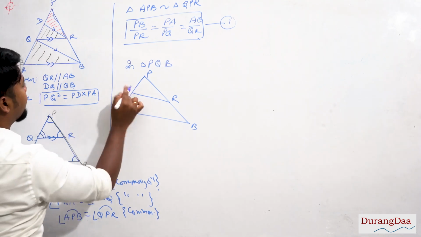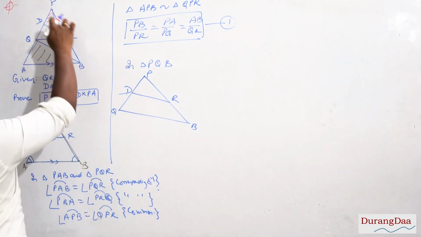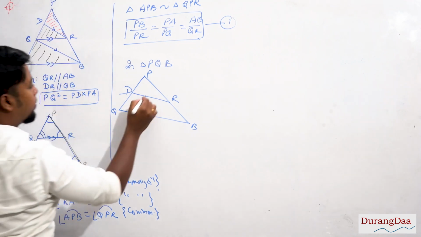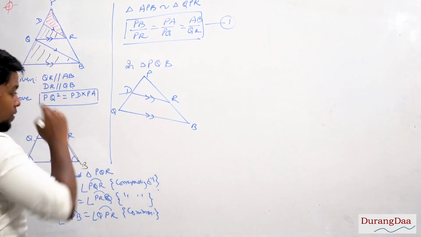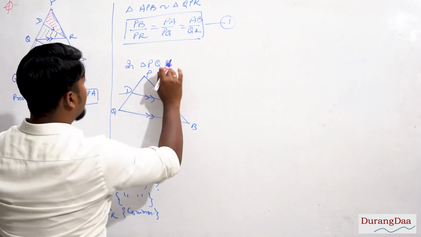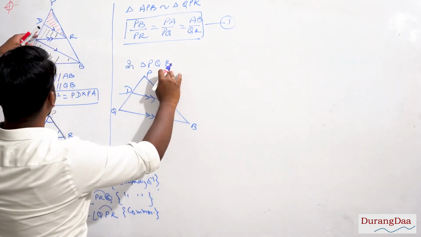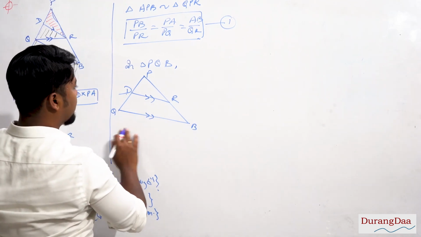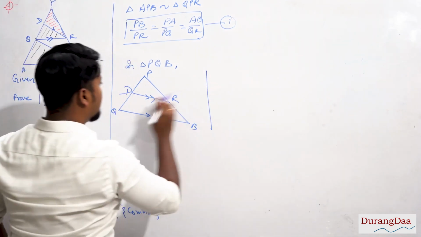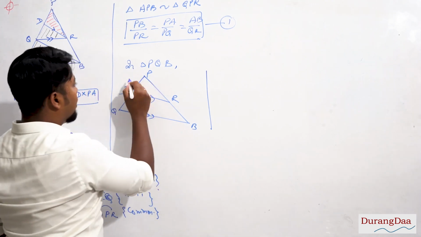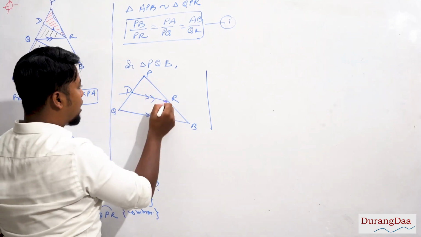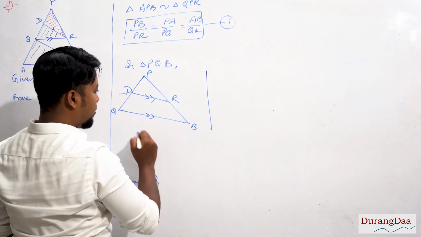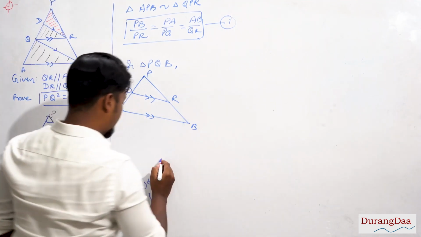Sorry, this is DR. DR is parallel to QB. So this has been shown. Now in triangle PQB, this is the figure. All right, let's start. The two selected pairs are triangle PDR and triangle PQB. So I'll just write here. Let me write this side.